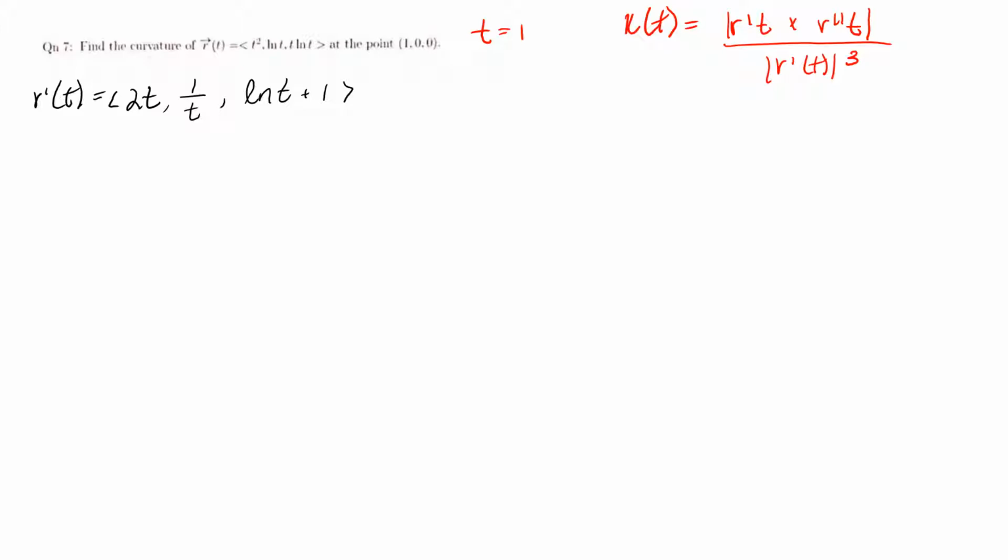Now we need to find its magnitude. So the magnitude of r prime of t is just all of that squared and then square rooted.